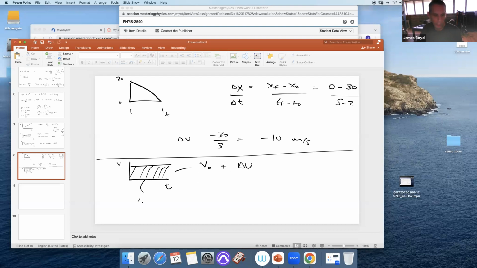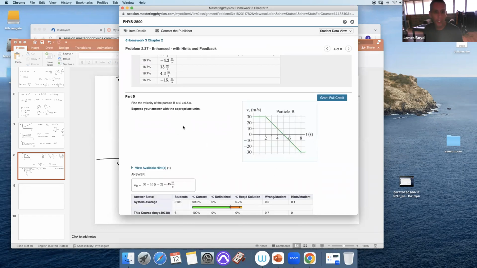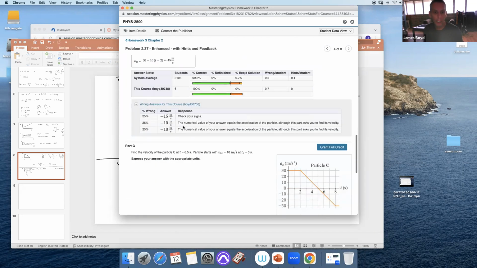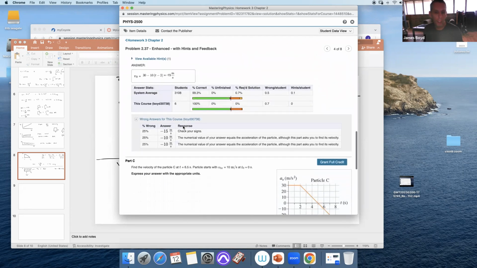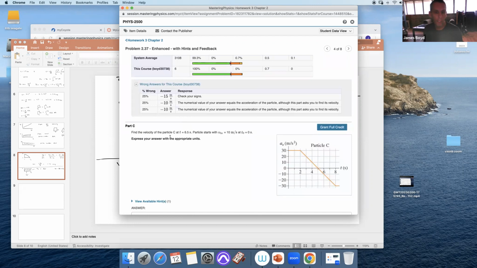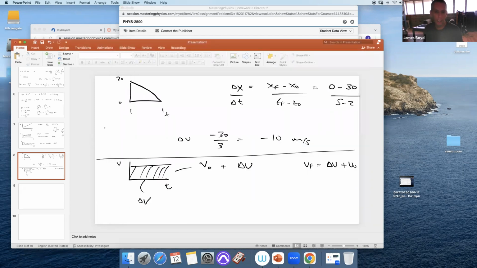Our v final is the change of v plus whatever the initial value was. So we need to have an initial value for the velocity. And it turns out that in this problem, they tell us at t equal to 0, our initial velocity is 10 meters per second.